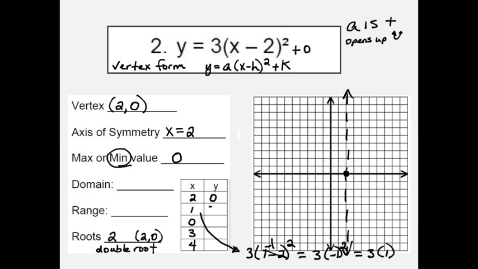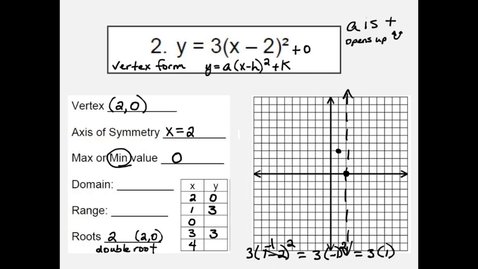So the y value for the 1 will be 3. So at 1, we're going to go 1, 2, 3. That means our mirror image point at x equals 3 will also be 3.